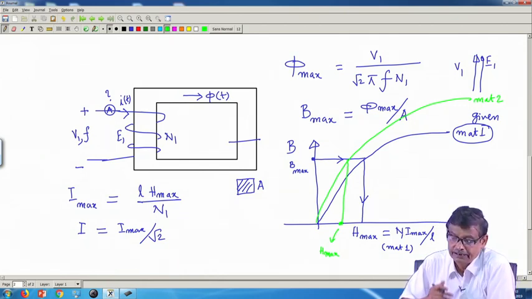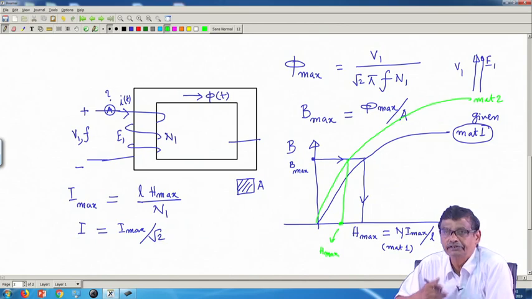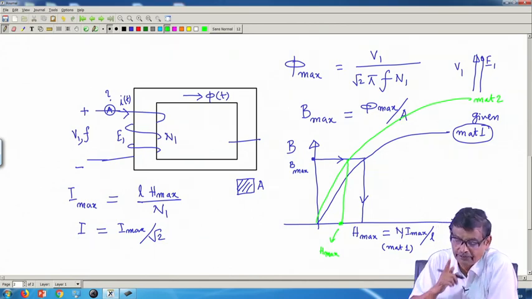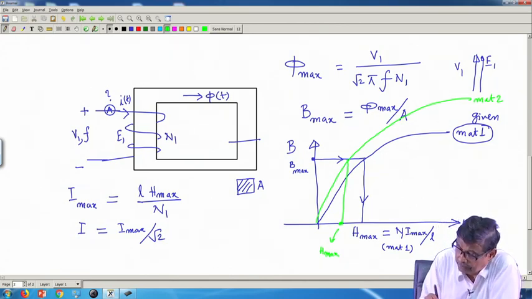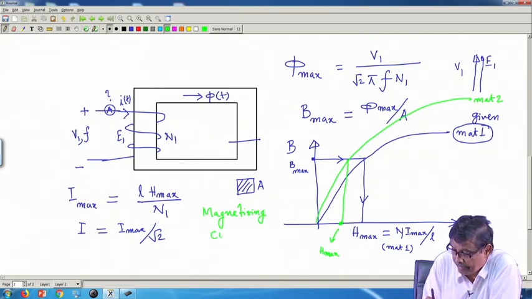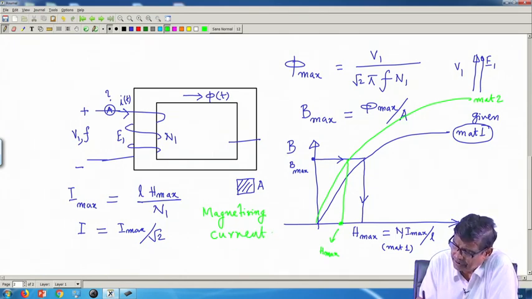Therefore, you see this current which establishes the flux in the core, I will use now another term, is called the magnetizing current, usually denoted by i m as an instantaneous value or I m as an RMS value.